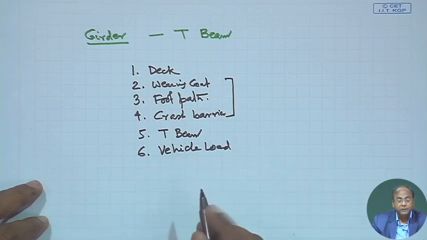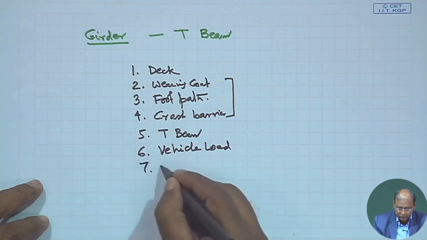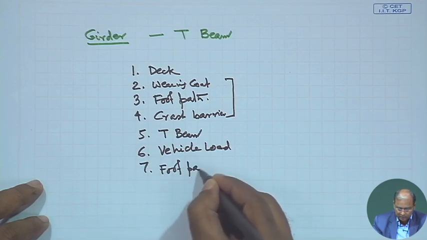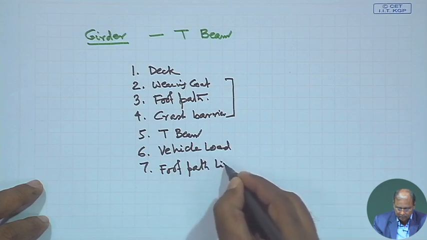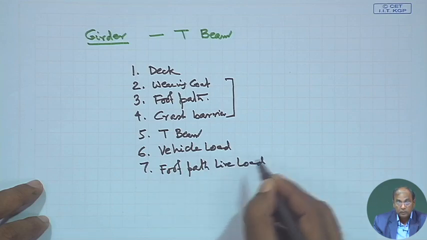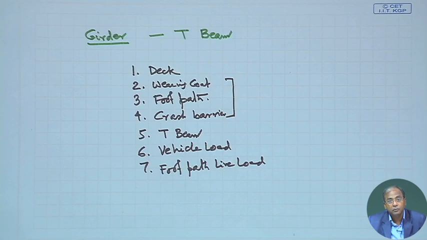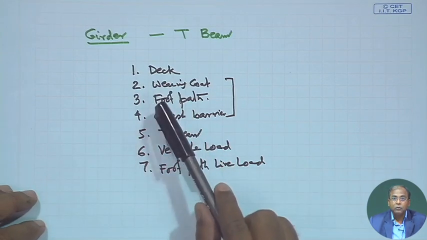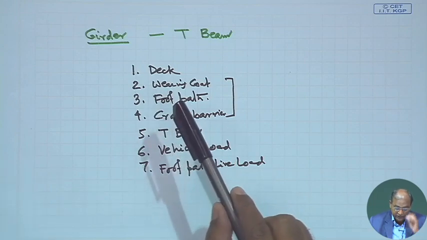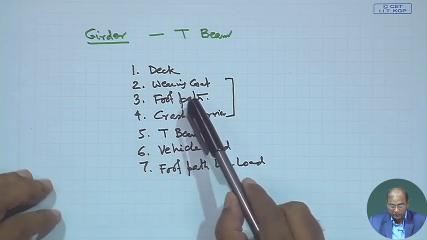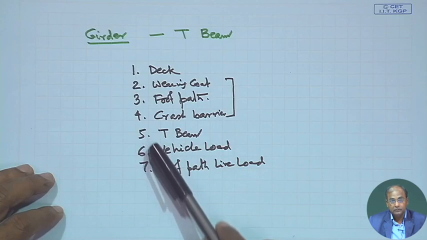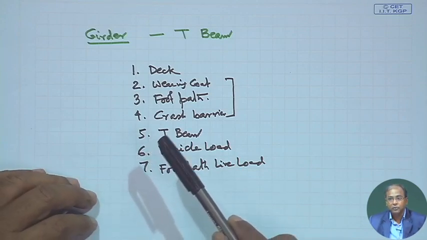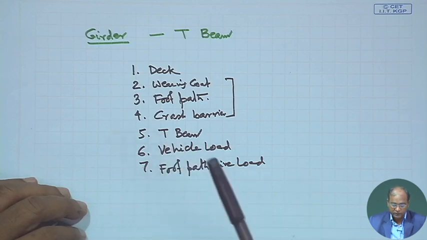So, we have different components, and the footpath live load also I can keep. One thing I always recommend is that you try to find out the contribution of each of them, then it will give you an idea which one is more governing, which one is giving more load.